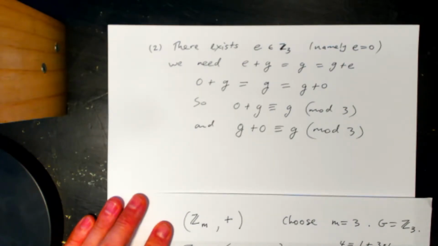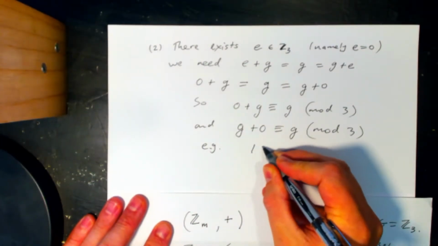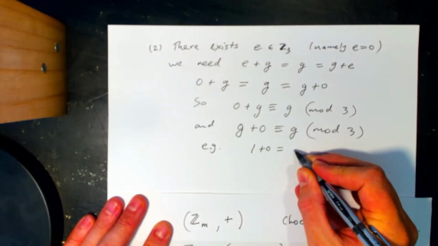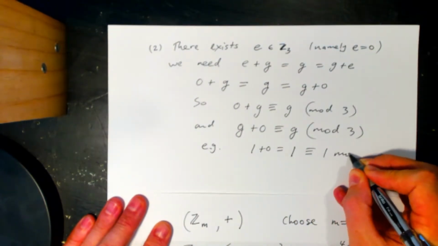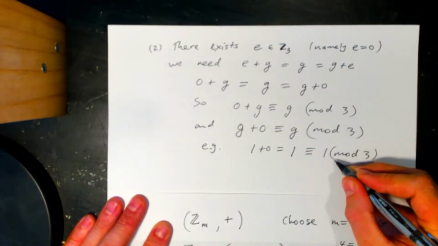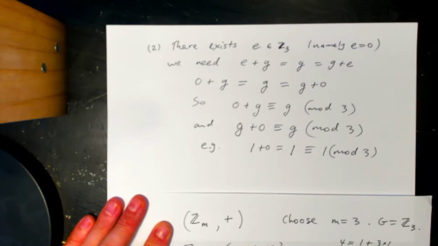Now just as an example, 1 plus 0 is equal to 1, which is congruent to 1 modulo 3 when I remove multiples of 3 and just focus on the remainder.